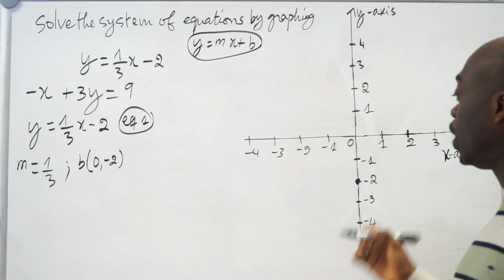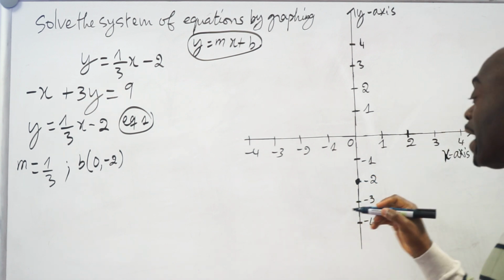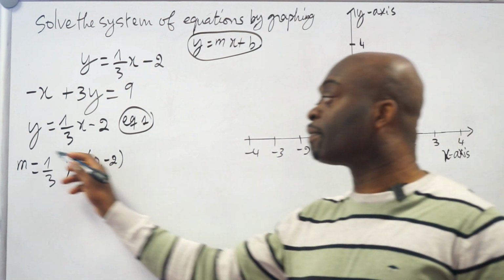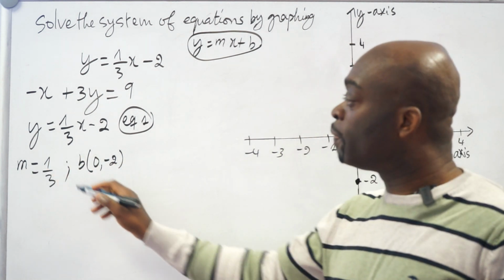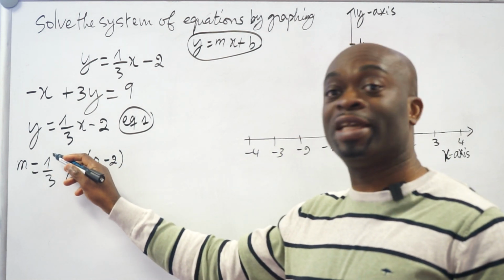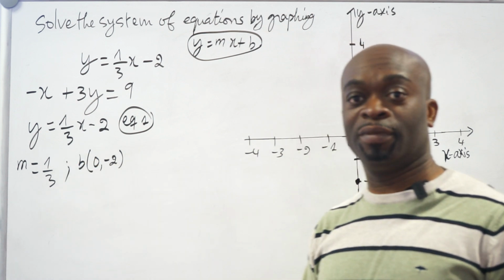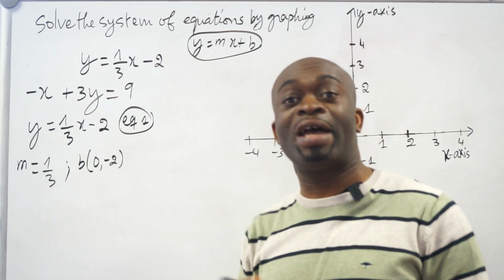All right. Now, to get the second point, we have to go from the first point, but by using the slope. The slope is 1 over 3: 1 is the y value, and the number at the bottom, 3, is the x value.